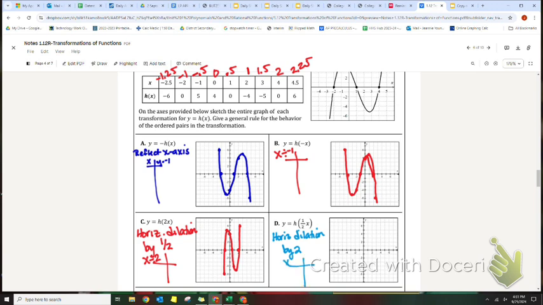And for my tables, this says 1/2 times x. We know that's x divided by 1/2, which is the same as x times 2. So now we're going to take all of our x's and we're going to multiply them by 2.